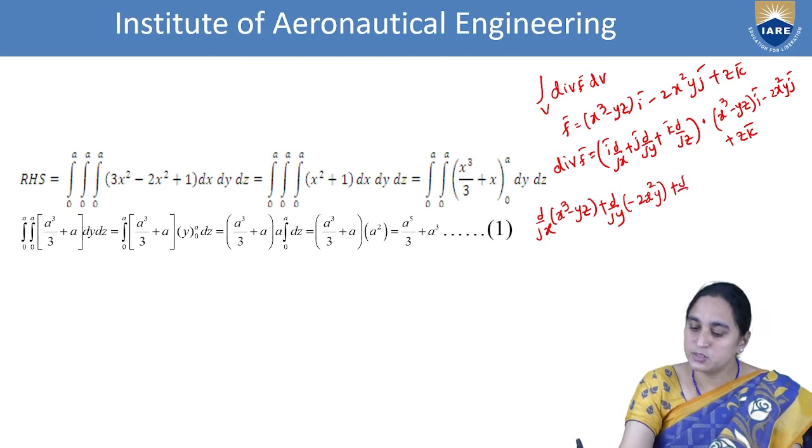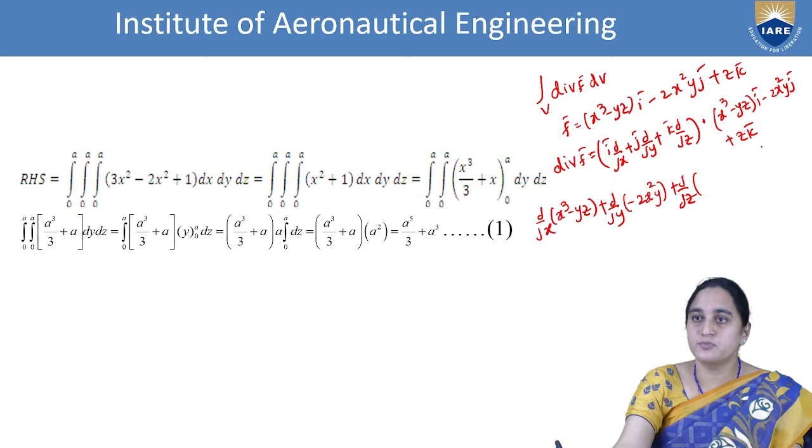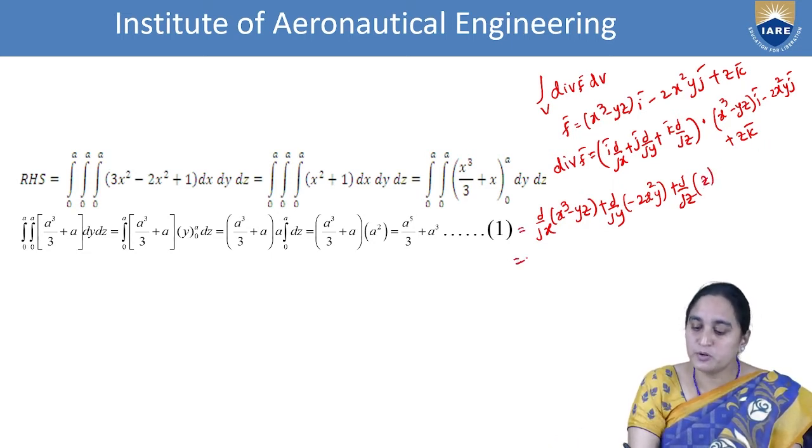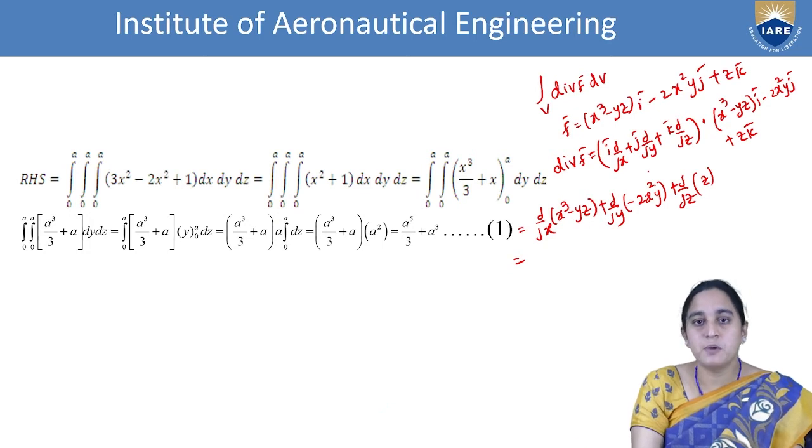Dou by dou z of, from f bar the k bar coefficient is z. Once you do the dot product, i bar dot i bar is equal to 1, j bar dot j bar is equal to 1 and k bar dot k bar is equal to 1.